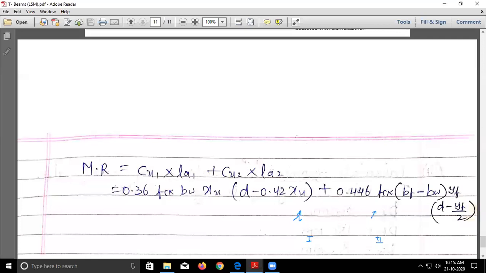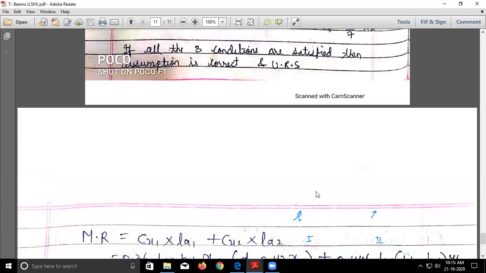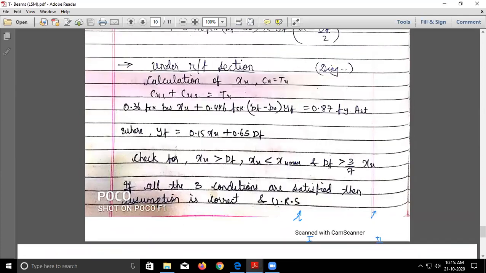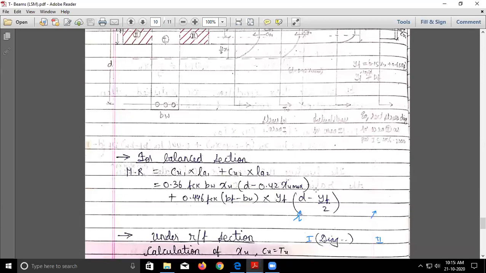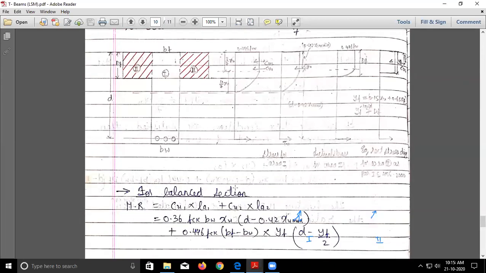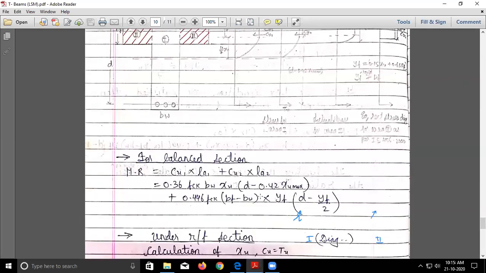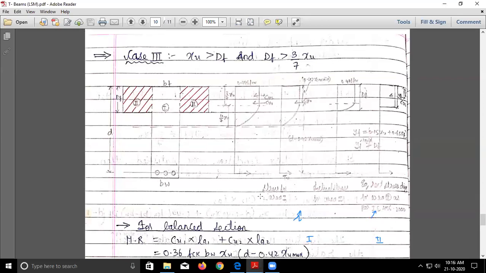Yes, sir. Okay, fine. So now with this knowledge we can actually start with the numericals. Please make a note of the equations if you want, then we'll start with the numericals.